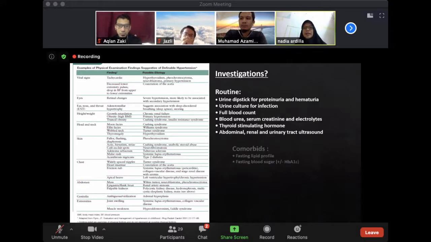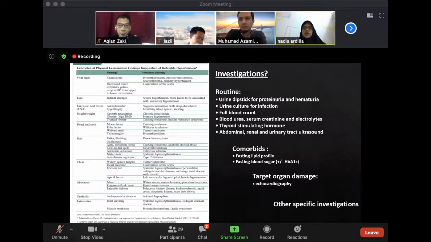And then we investigate their comorbids. Maybe they have hyperlipidemia, so we do fasting lipid profile, and then fasting blood sugar with or without HbA1c. Is there any evidence of diabetes? And then if we suspect any target organ damage, we may do echocardiography, because about 40% of children with hypertension may have left ventricular hypertrophy.